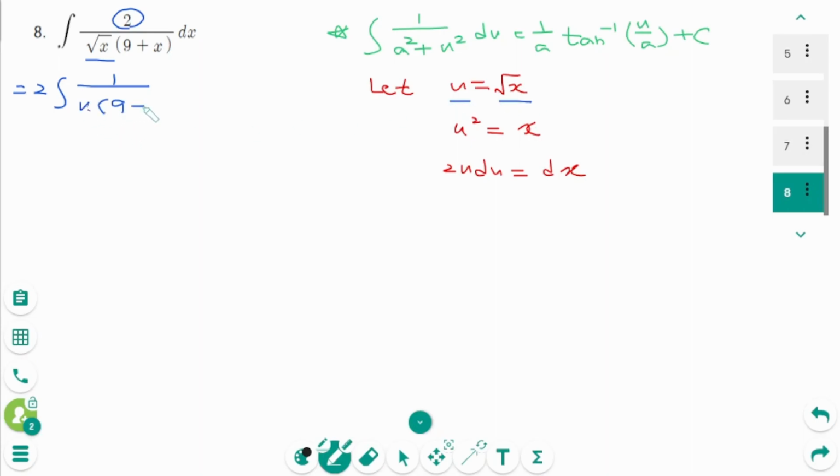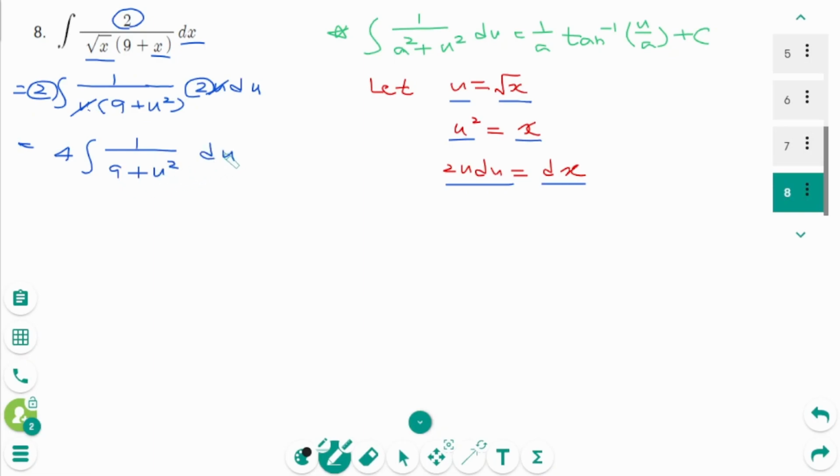The integral of 1 over square root of x, which is u, open the bracket, 9 plus x is u squared, then dx is 2u du, equals, u is cancelled, then 2 times 2 is 4. The integral of 1 over 9 plus u squared, then du. In here, a squared is 9. That means a equals 3.